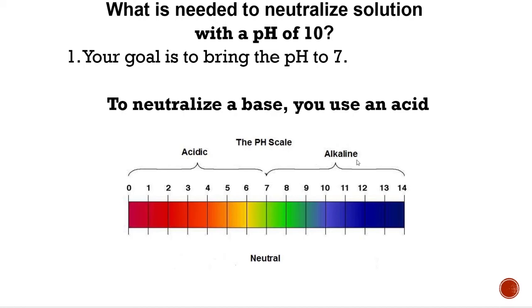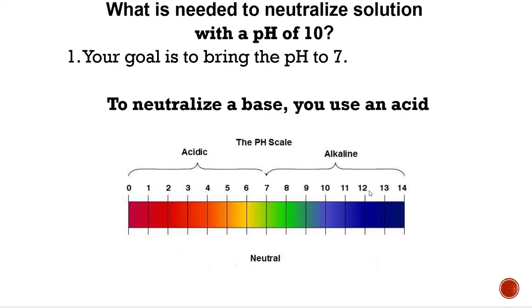Well, remember, we've got hydrogen ions and hydroxide ions. So if I was over here at 3, which means I have a lot of hydrogen ions, if I add hydroxide ions, they're going to bond to those hydrogen ions, and I'm going to move up, okay? So I'm going to increase my hydroxide ions, so I'm going to move closer to 7.